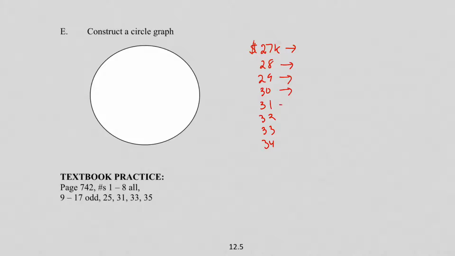For each of these, what we want to do is figure out the percentage out of 100. The whole graph is going to be 100%. So we want to split this up, let's say into fourths. Each of these fourths is 25%. Then for 27, for example, we want to do part over whole. We only have one of those out of 25 total.